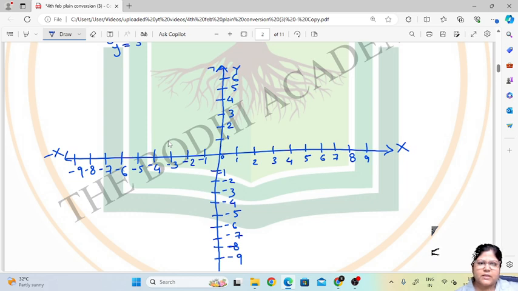Though I have to make 7 also there, this point, or wait, I'll erase this point and I will draw the line. So this point is 0, 7.